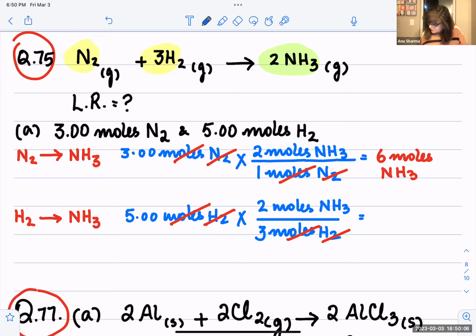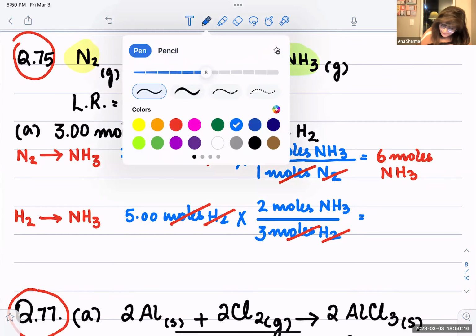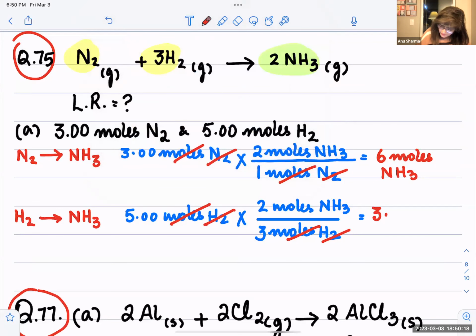You have 3.33. So 3.33 moles of ammonia can be produced.